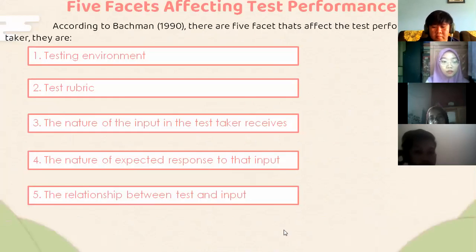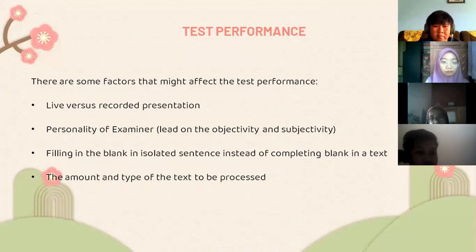And the third is filling in the blank in isolated sentences instead of completing blanks in a text. It will also affect the students' performance because there might be confusion or ambiguity in the sentences. And the fourth is the amount and type of text that needs to be processed.